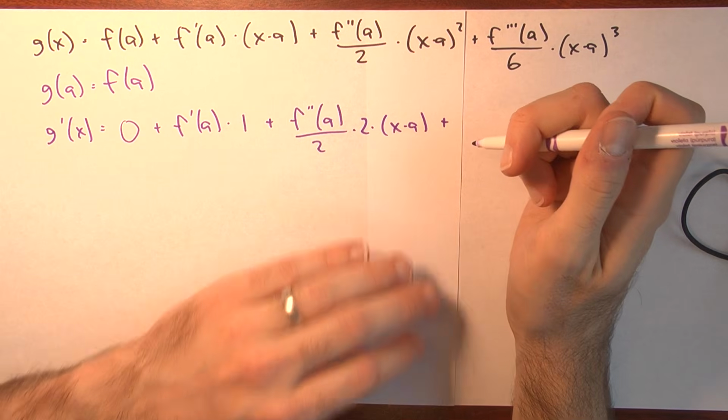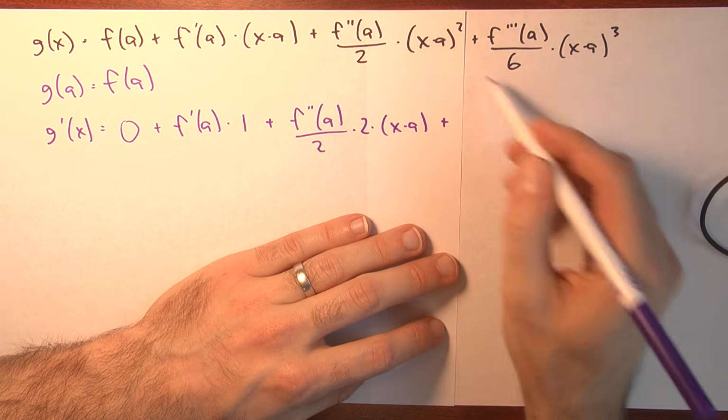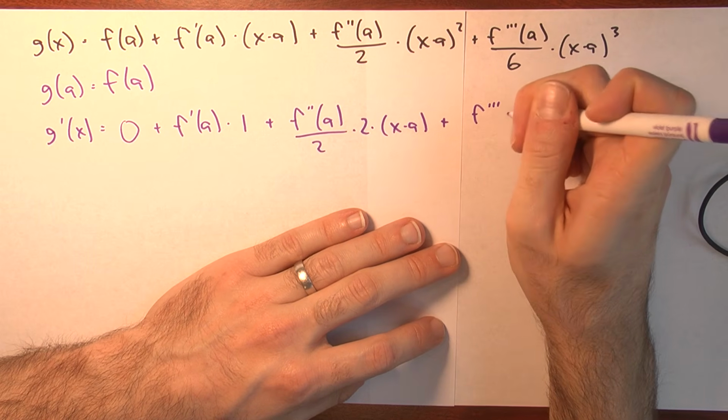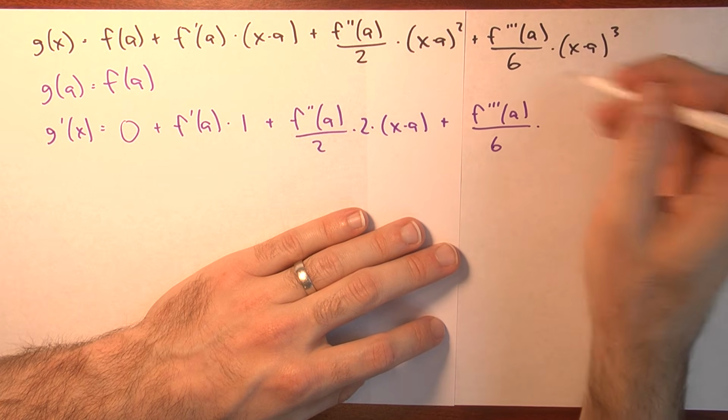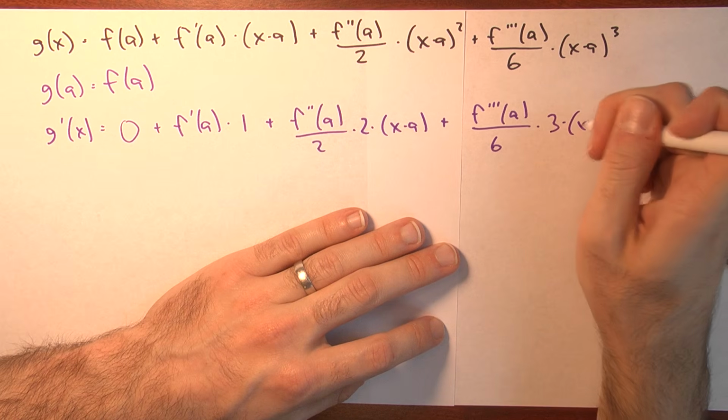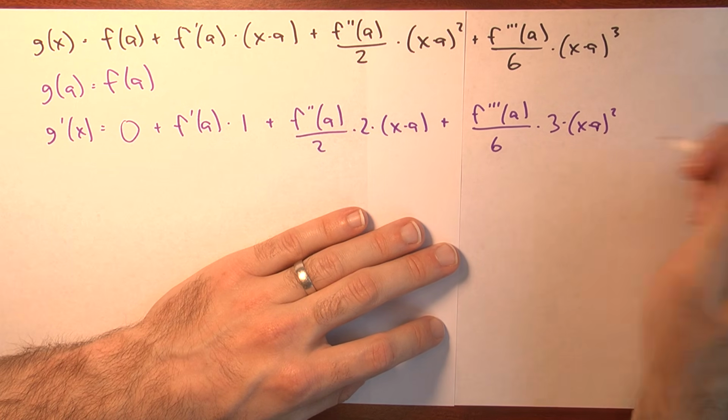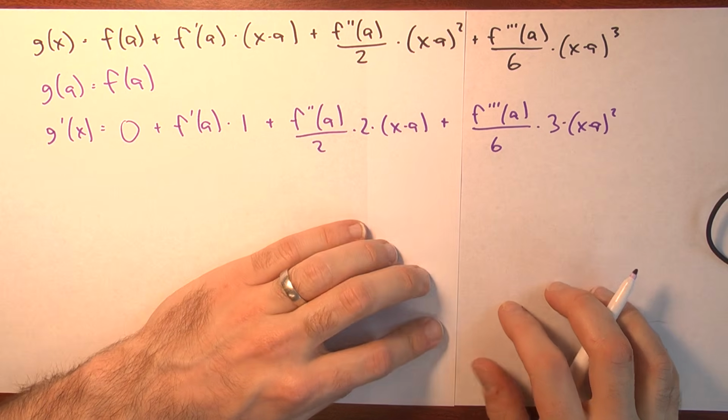Then I add the derivative of this term: the constant f triple prime at the point A divided by 6 times the derivative of this, which is 3 times x minus a squared times the derivative of the inside, which is just 1.